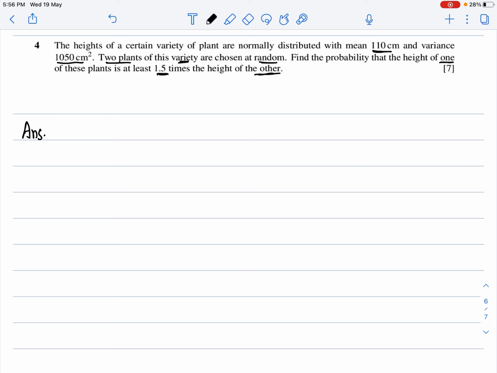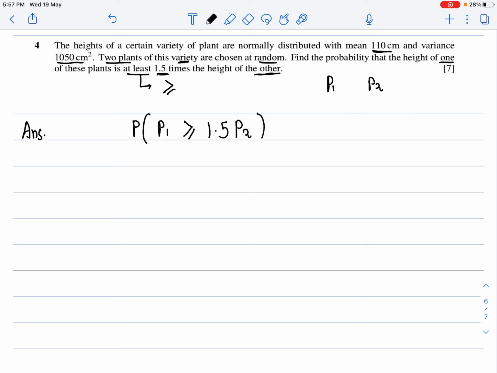Now see, I have taken a plant 1 and plant 2. Let me assume that the probability of plant 1 is at least, which basically gives the indication of the more than or equal to sign, that one of these plants is at least 1.5 times the other.